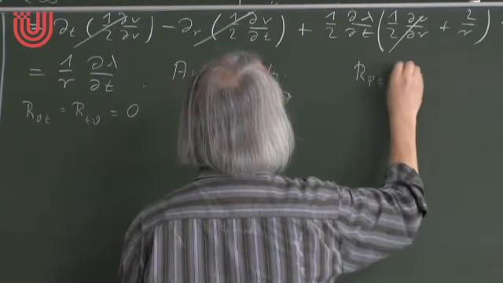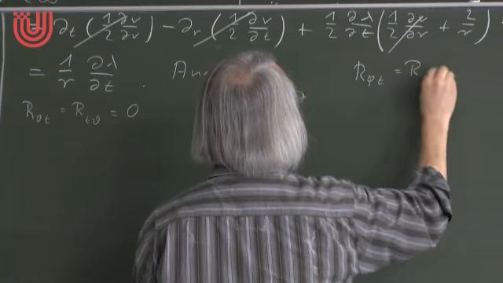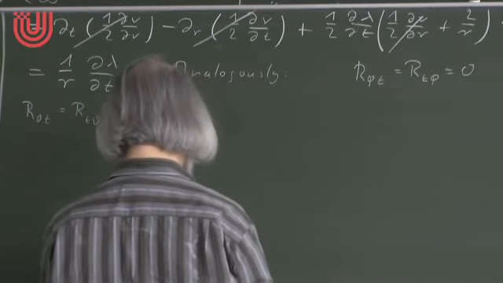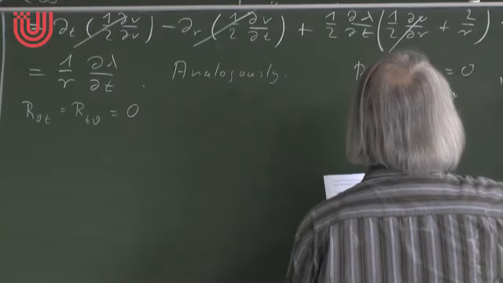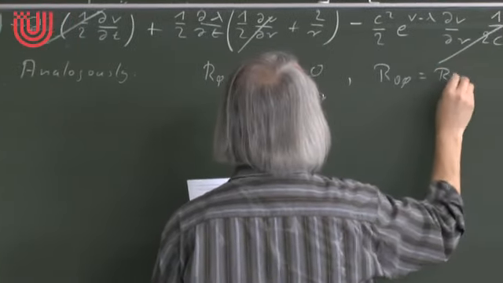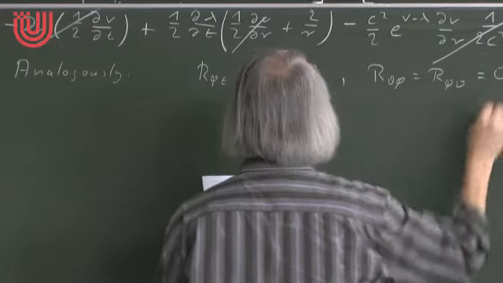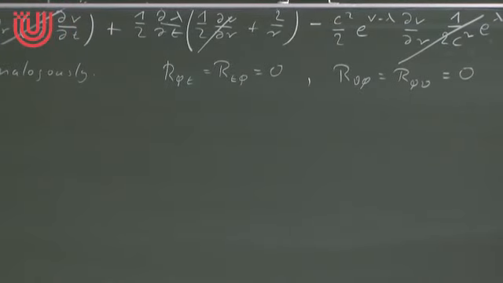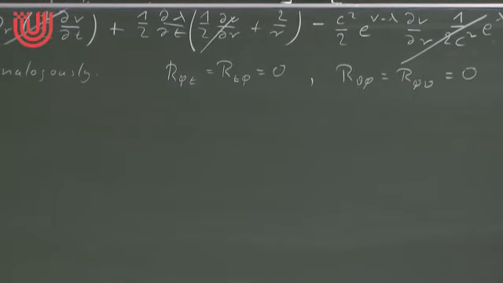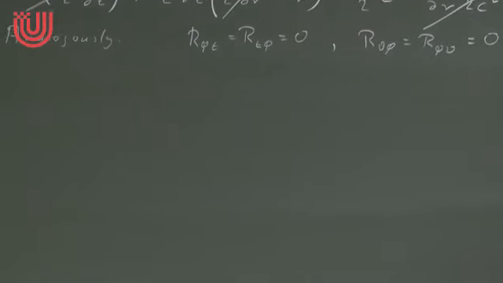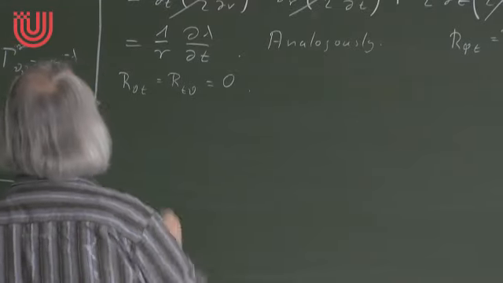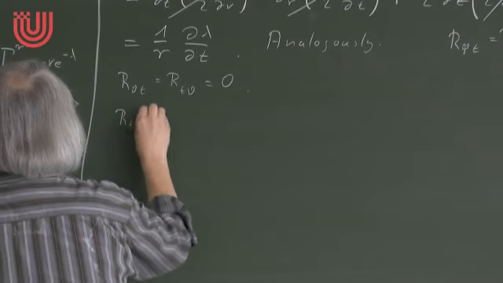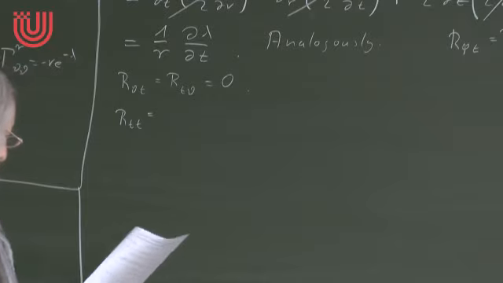R phi t, which is the same as rt phi, is also 0. And r theta phi, which is the same as r phi theta, is also 0. So the complicated things are the diagonal terms. So the diagonal terms are the following.